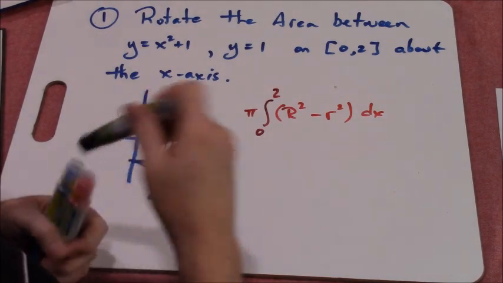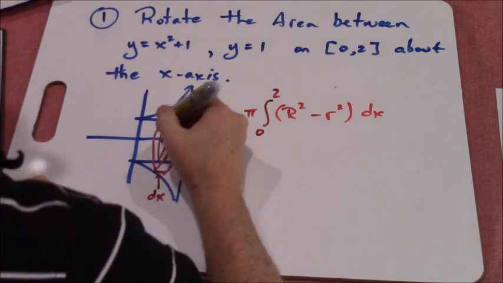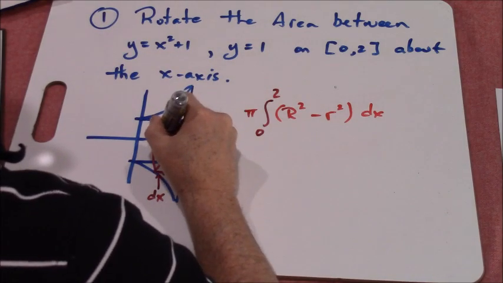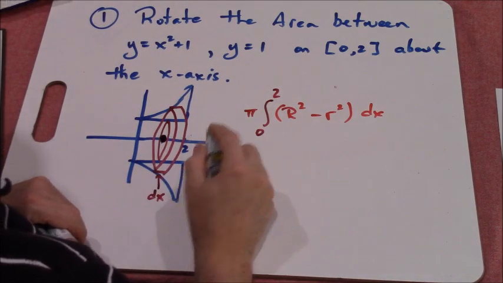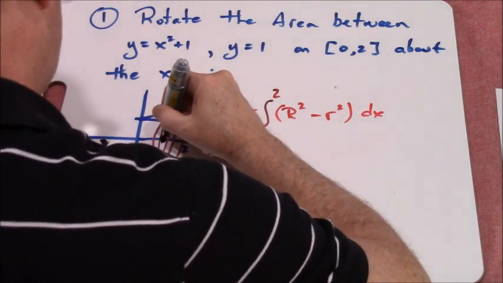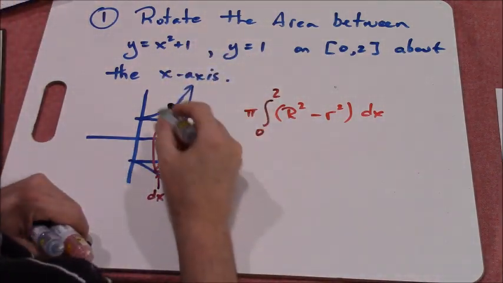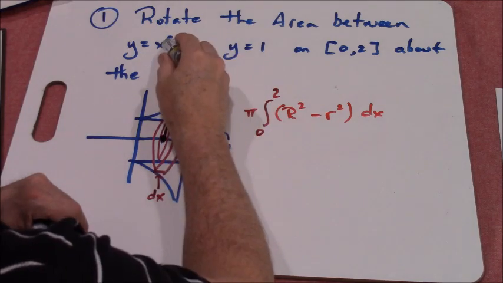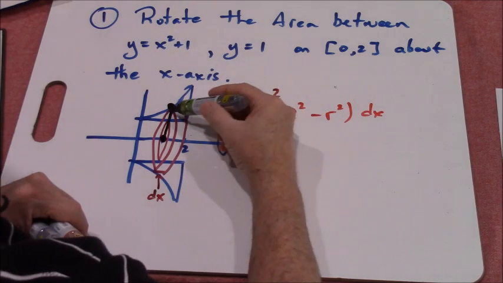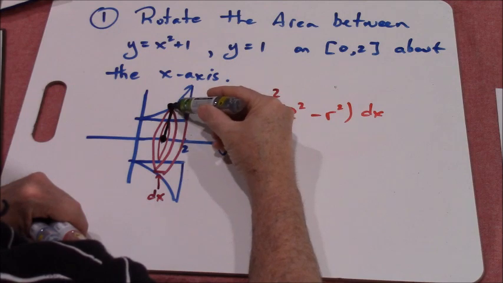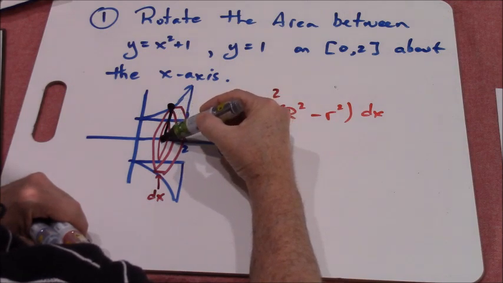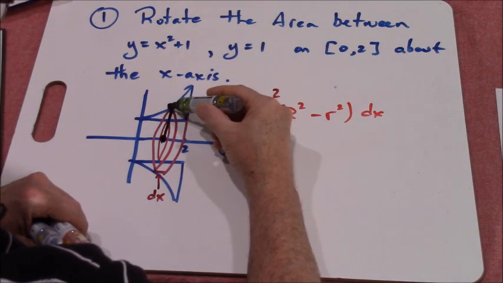All right, so my big radius starts right here on the line that we're rotating around, which is the x-axis. It goes up to the top curve, which is the parabola. This right here is just a y-coordinate, right? From the x-axis up to here, that's just a y distance.